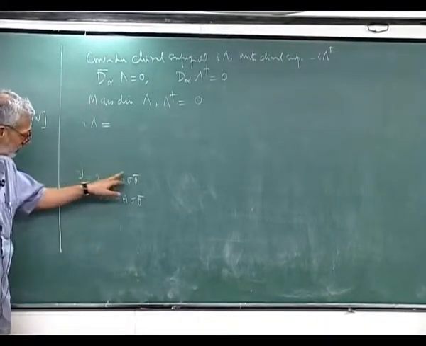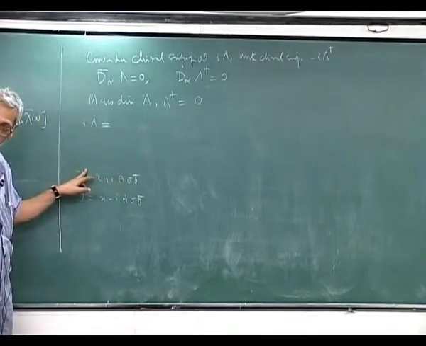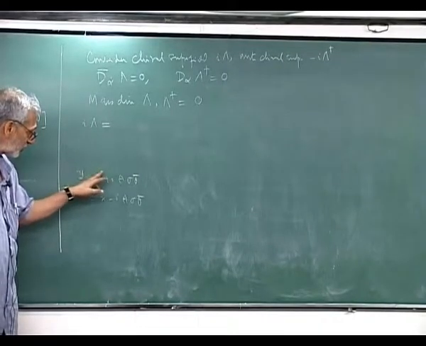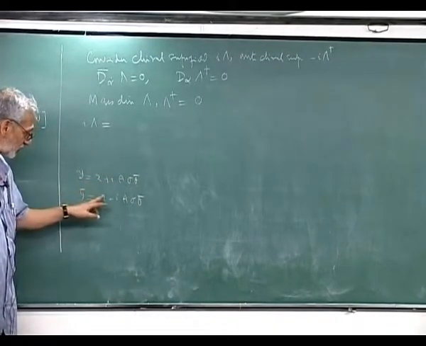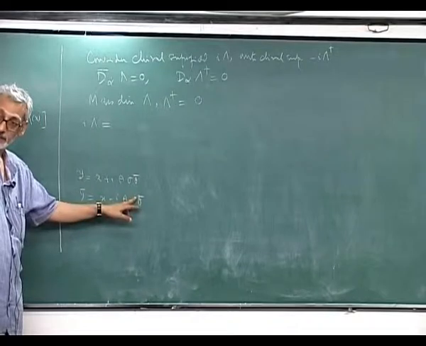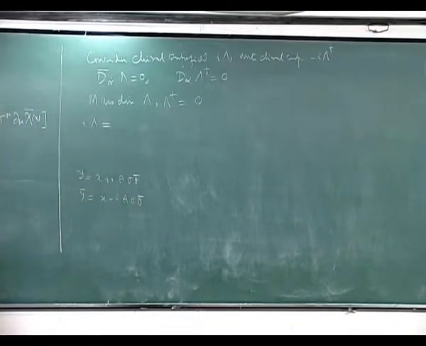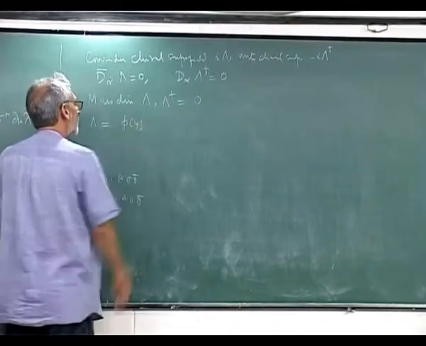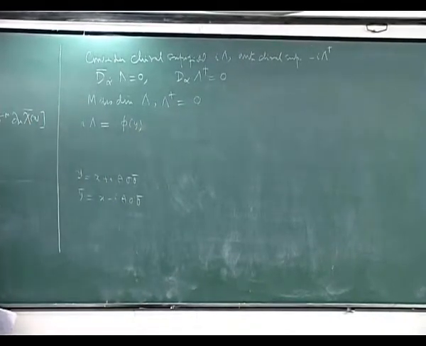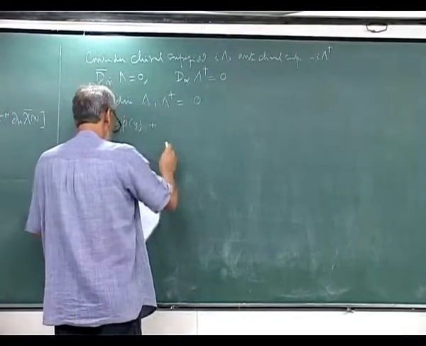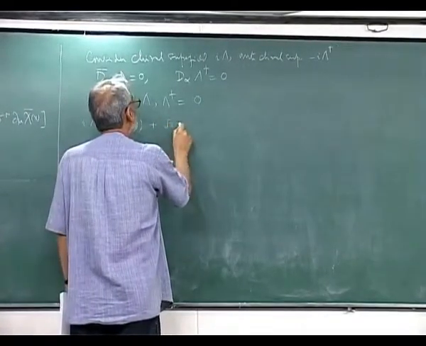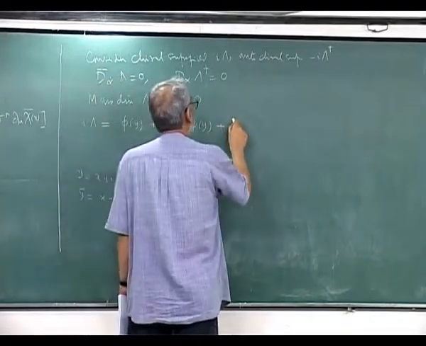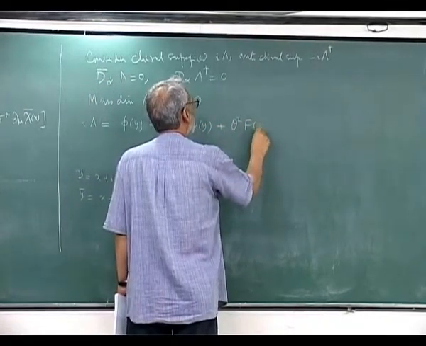There's a sigma mu implicitly here, the space-time index mu implicitly on all of them. So we call the theta independent component phi of y, and then we have root 2 theta psi of y, and then theta square f of y.